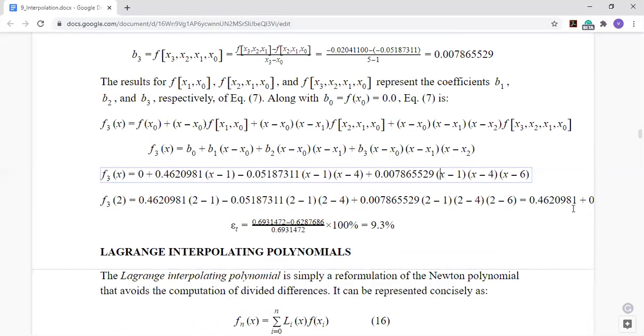And when we did the evaluation, we arrived at 0 point. Sorry, the formula cut. I don't know why, and I don't know how to bring it back. So this is actually f of x.